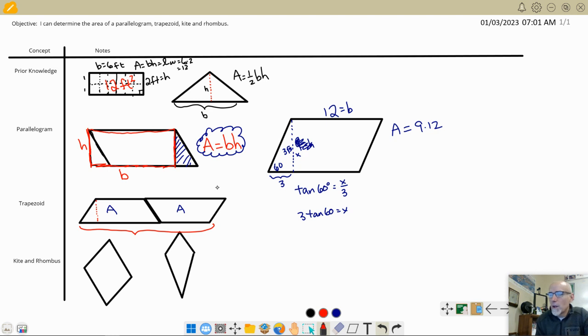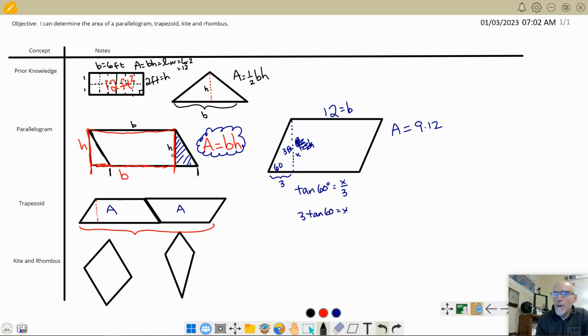Maybe I didn't make that clear that when I cut this triangle off and I moved it over there, this length right here, like from here to here, we called that the base of our rectangle. But that base is the same length as the original parallelogram from here to here, because we took this part from that triangle and we moved it right over there, right? So when I say the base of the parallelogram, I was saying like this side right up here is the base. And then the height, you notice the height is the perpendicular distance right in here, like where I drew that height right over there, right?